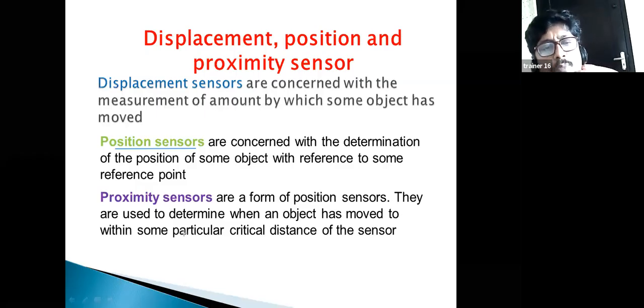So all proximity sensors are on-off devices, proximity switches. In these proximity switches, there are two types: contact type.